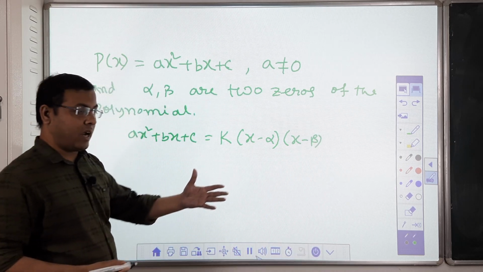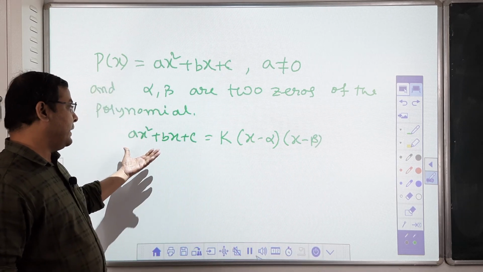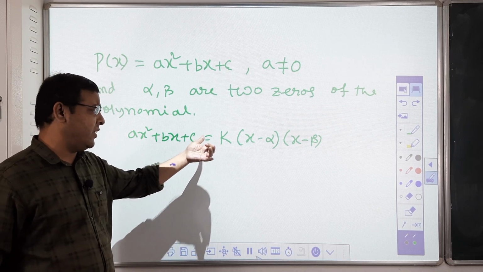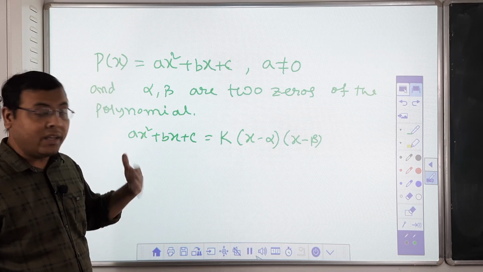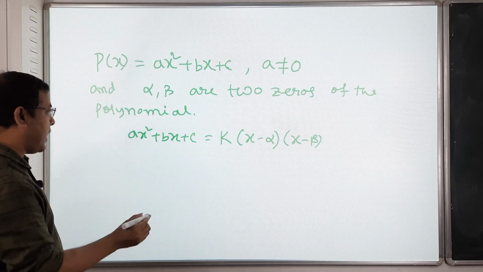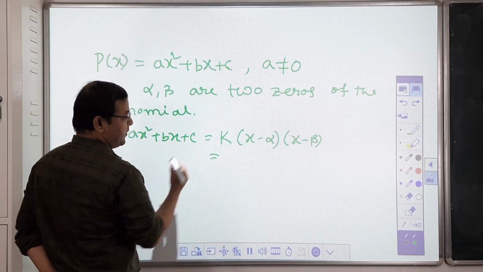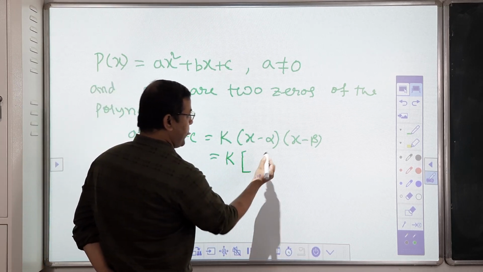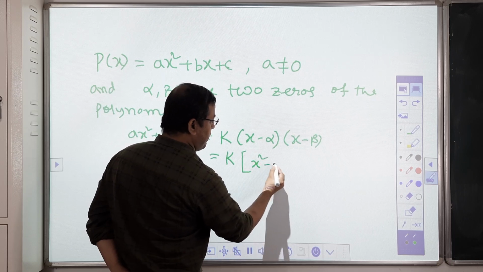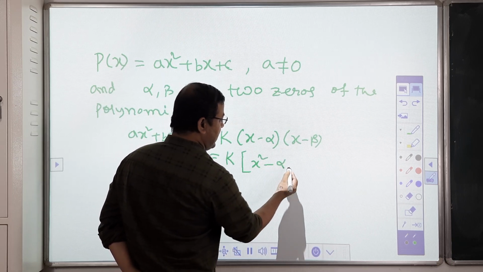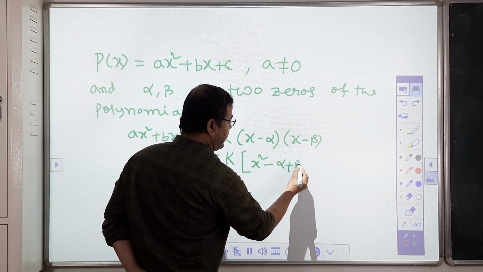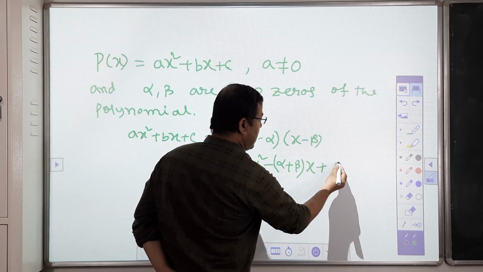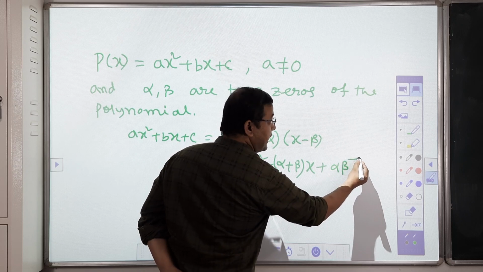Since alpha and beta are two zeros of the polynomial, any quadratic polynomial of the form ax square plus bx plus c is equal to k into x minus alpha into x minus beta. Now if you multiply this out, you get k into x square minus alpha plus beta into x plus alpha into beta.